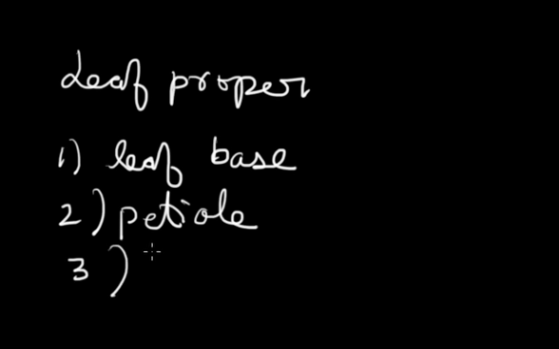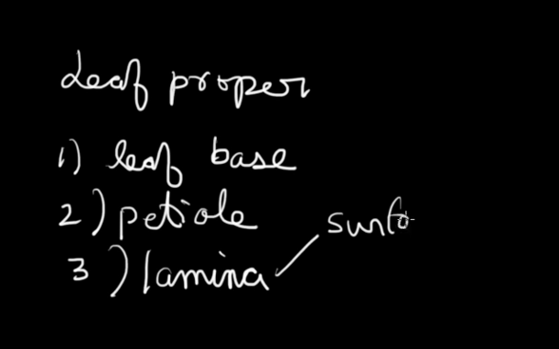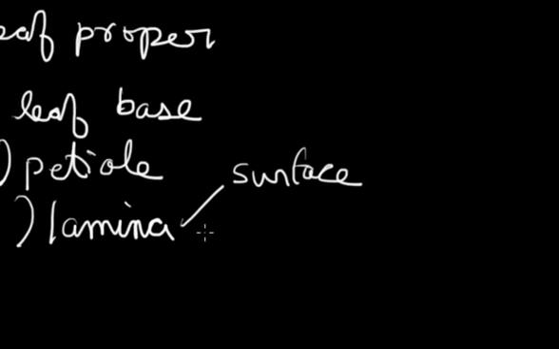Then of course the modifications of the flat portion, that's the leaf blade or the lamina, where we have different types, like modifications of the surface of the leaf, in the sense that some leaves may have a lot of hairs on it, some may be having a smooth shiny surface, things like that.